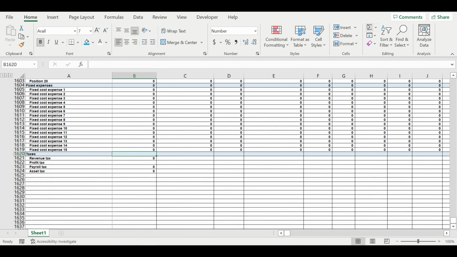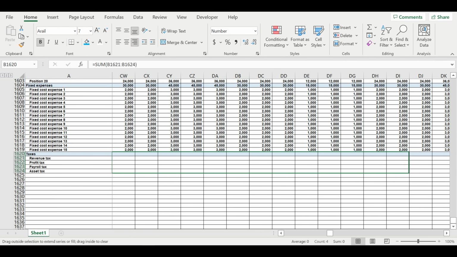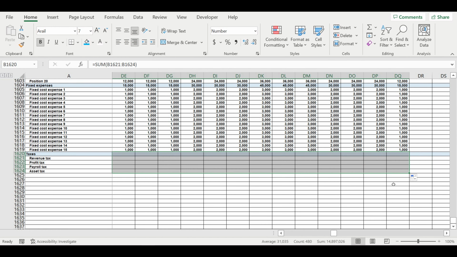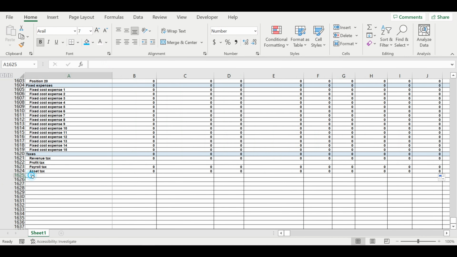Now I'm creating totals for taxes. Extrapolating the story to the right. Then we calculate the first important block, the result from operating activity.